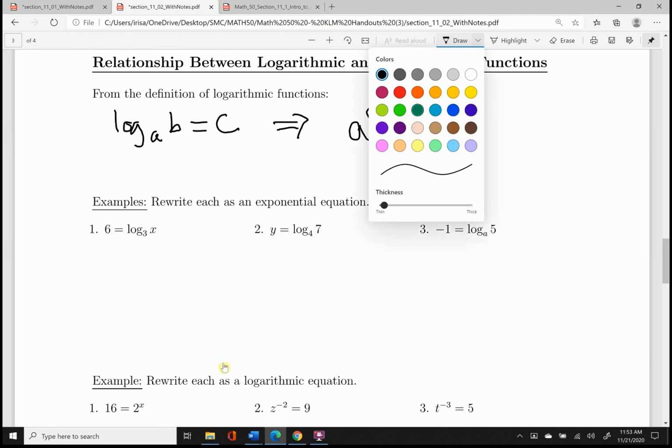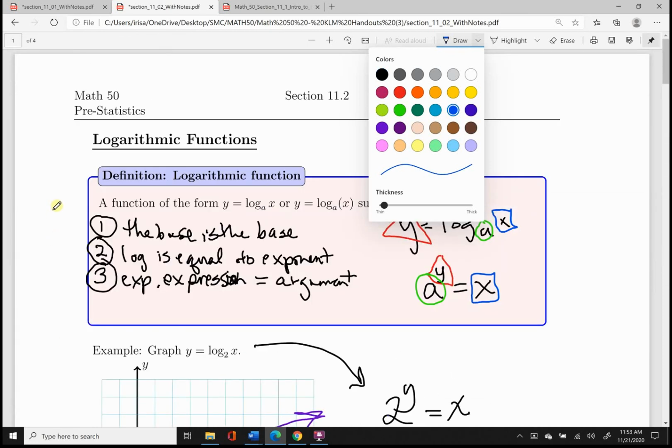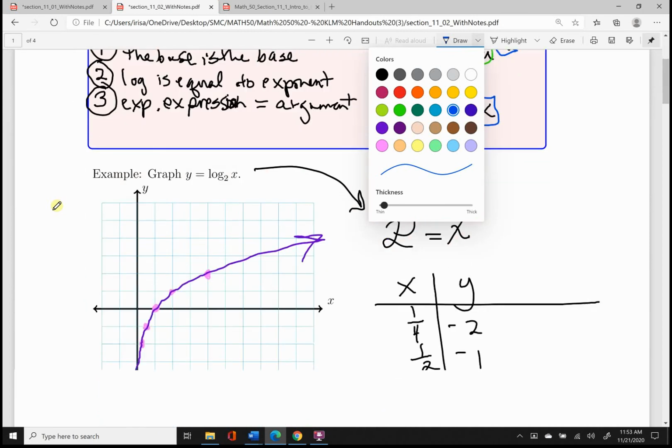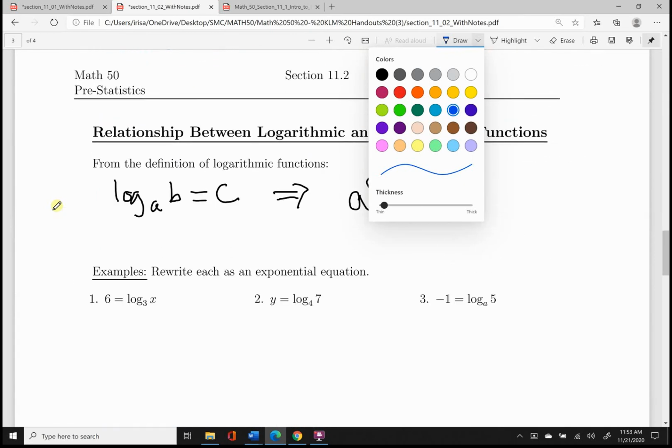And then what were the colors that we used? Let me try to be consistent with what we did earlier. I'll let the argument be boxed up in blue. Blue box for the argument.